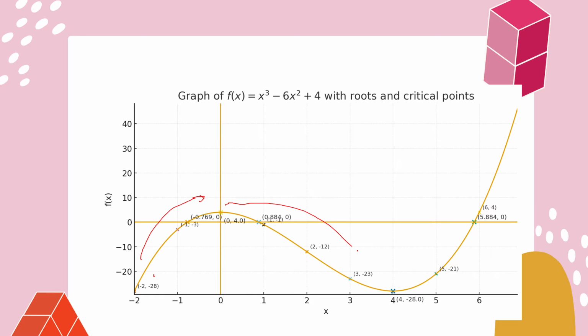But going to positive 4, at the critical point 4, the graph is decreasing. And in the third interval, from 4 to positive infinity, the graph is increasing.